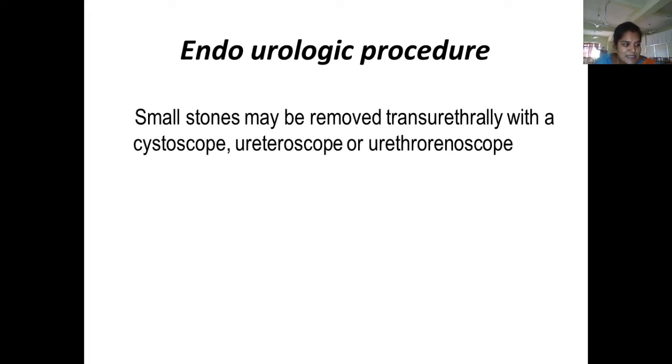We pass a scope transurethrally: a cystoscope, ureteroscope, or ureterorenoscope. The cystoscope goes up to the bladder. The ureteroscope goes up to the ureter.